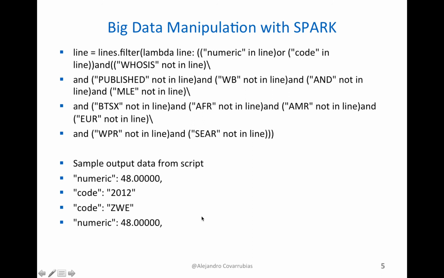begins to take form, right? We can begin to see, for example, the year this data was collected, 2012, the code for the country, and numeric values, which on this data set stand for the life expectancy of the country.